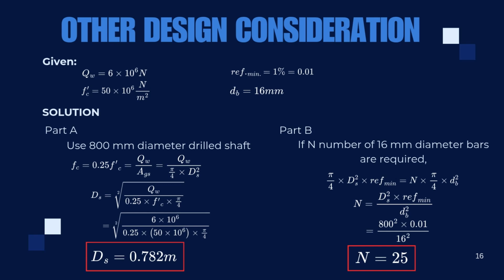Next, we determine the number of reinforcing bars needed using the minimum reinforcement requirement of 1% and a bar diameter of 16 mm. We apply the formula. After computation, the required number of bars is 25. Therefore, the drilled shaft should have a diameter of approximately 800 mm and 25 pieces of 16 mm reinforcing bars.